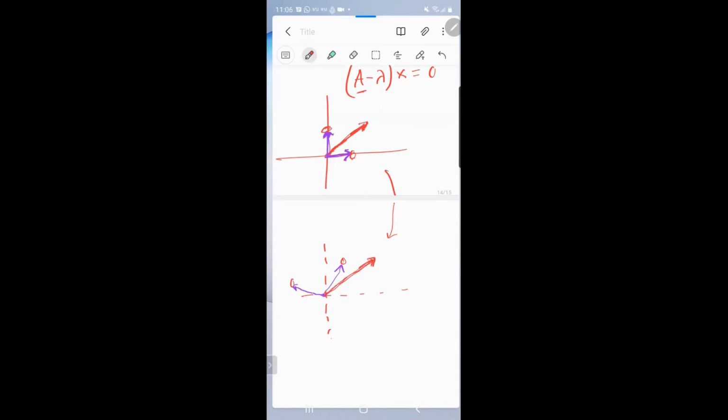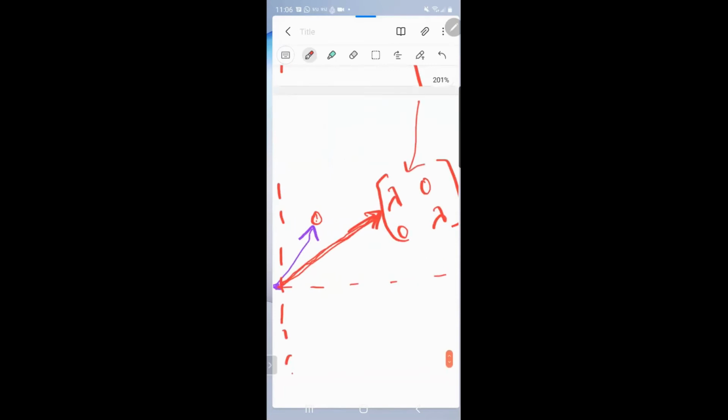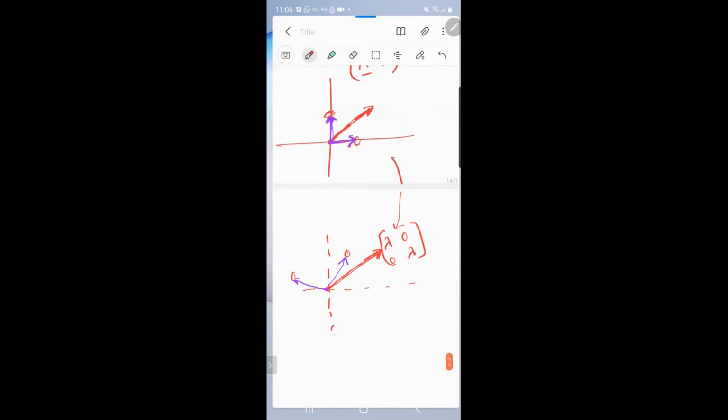It's still in the same position, or the only transformation it underwent is a scaling by lambda. It only got increased or decreased in length, but did not move. If I assume A equals lambda, then these two vectors also shouldn't have moved. So that's why A is not equal to lambda.